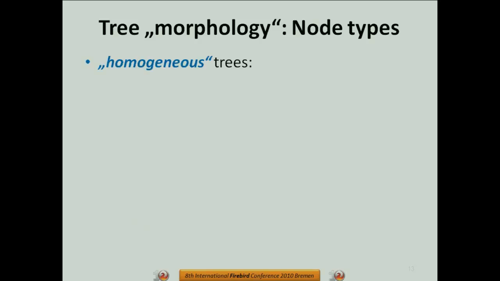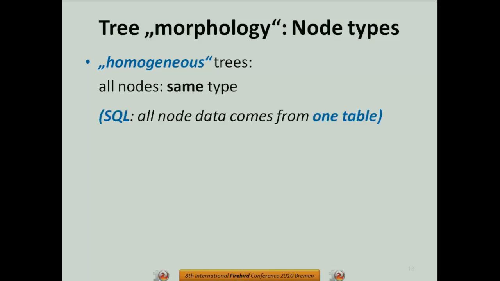Okay, one word about node types. I didn't find any better word for it, so I call it morphology, because what I want to make clear is the distinction between homogeneous and heterogeneous trees. In a homogeneous tree, all of the nodes contain the same data. So in SQL, this classically means that all the node data comes from one table that is just interlinked.